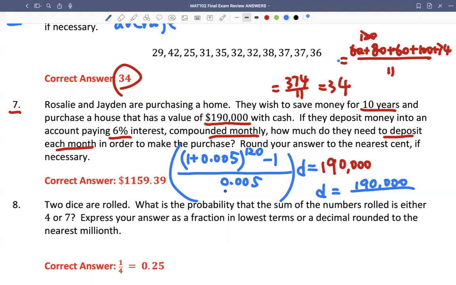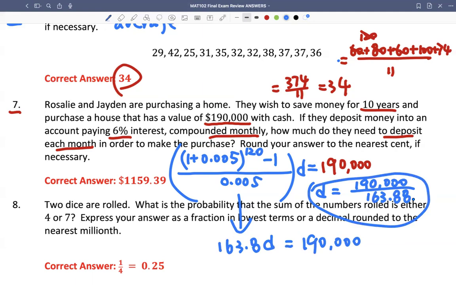When you calculate this number, in the end it gives you 163.88. So basically we have 163.88 times D equals 190,000. So both sides we divide by 163.88.